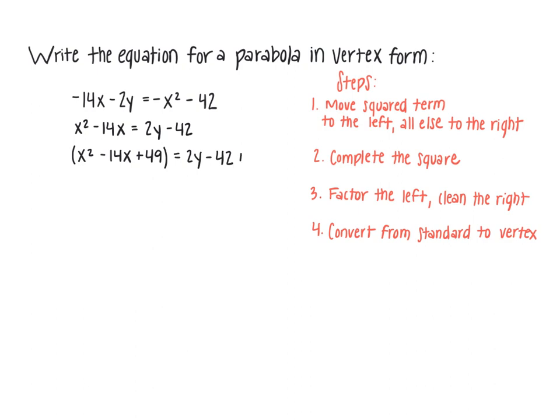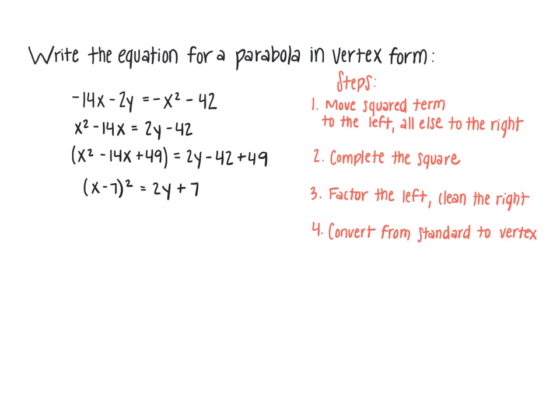If I add something to the left, I have to add it to the right, so I'm going to add 49. And then, of course, the next step is to factor the left because we made a perfect square. So the left would become (x minus 7) squared is equal to 2y, and then negative 42 plus 49 gives us plus 7.